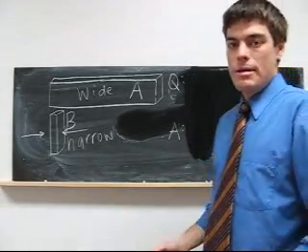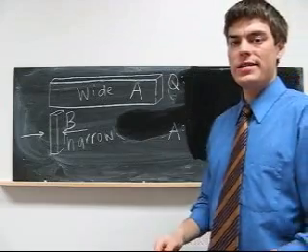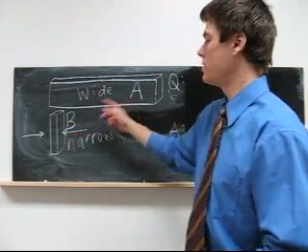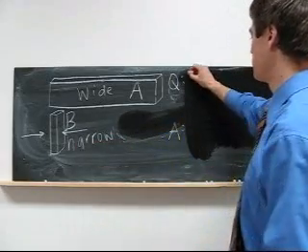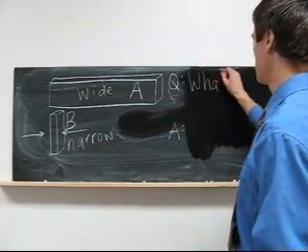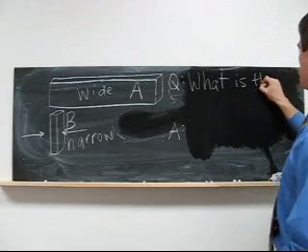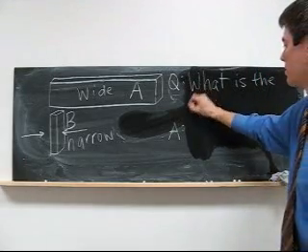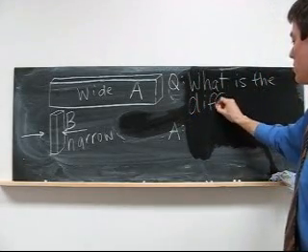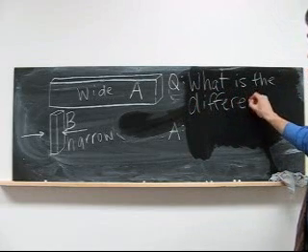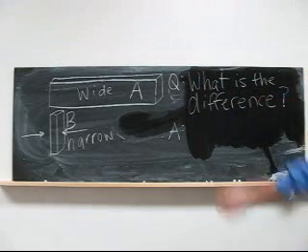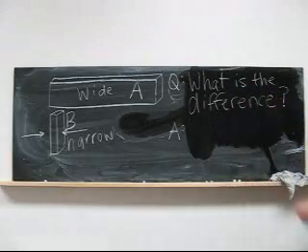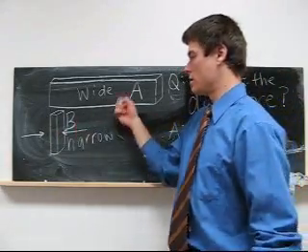General question. What is the difference? What's the difference between box A and B? Let's see, what's the difference?